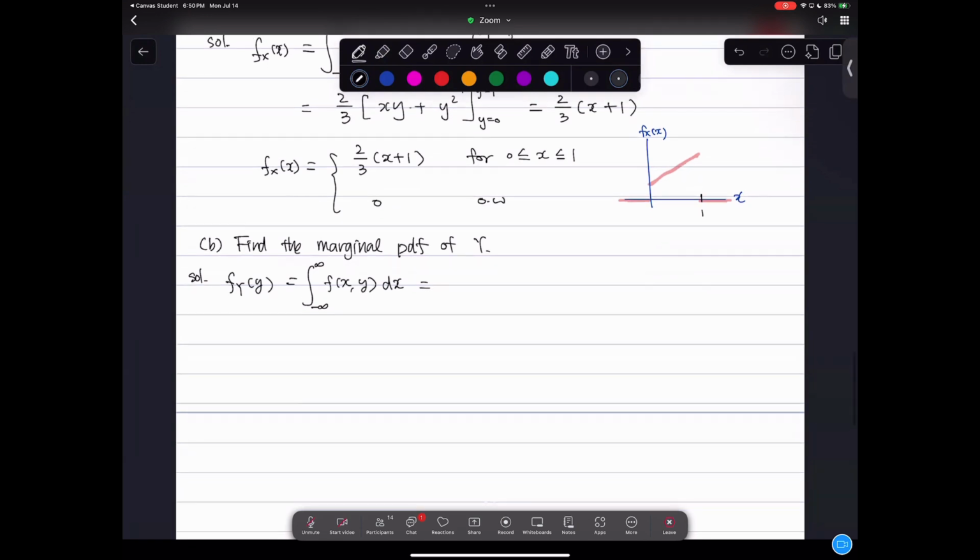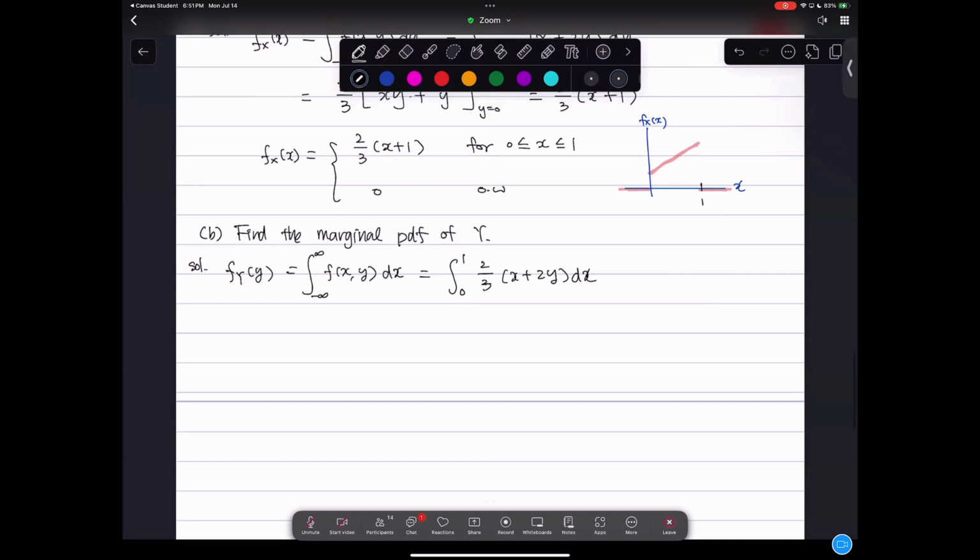So I only need to do from 0 to 1 of your joint, 2 thirds times (x plus 2y) dx. Sorry about the dx. Got it. So now I did one of it, so you can do the other one.